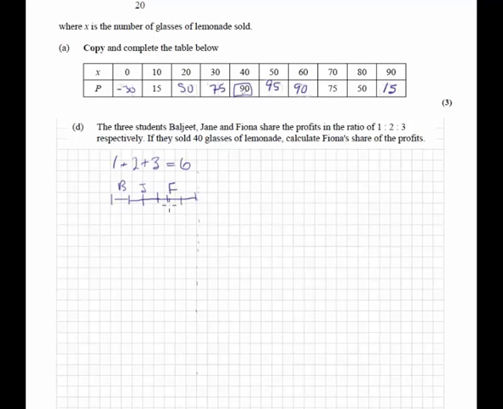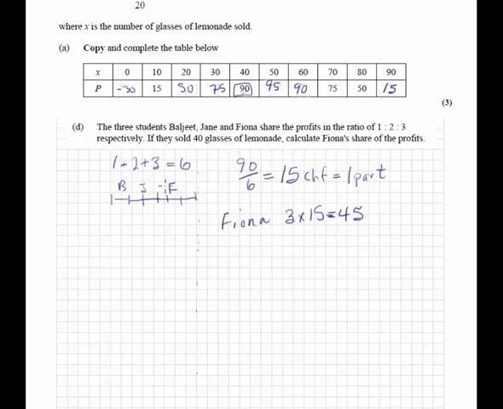So there's 6 parts altogether. So the way we figure this out is we do 90 divided by 6, and that is 15. So that is 15 francs is 1 part. So Fiona gets 3 of those parts. So 3 times 15 is 45. That should be her share.